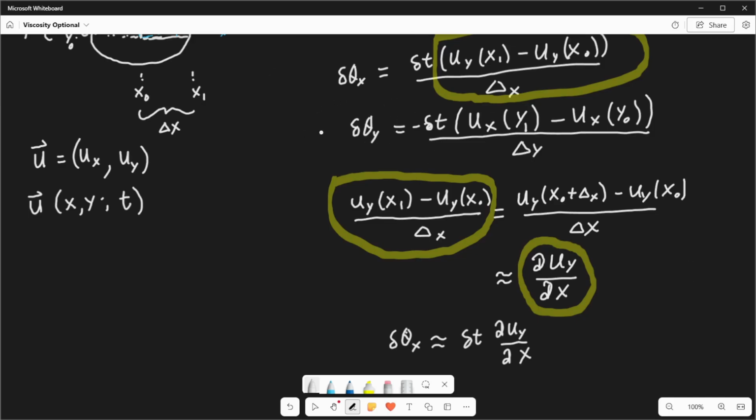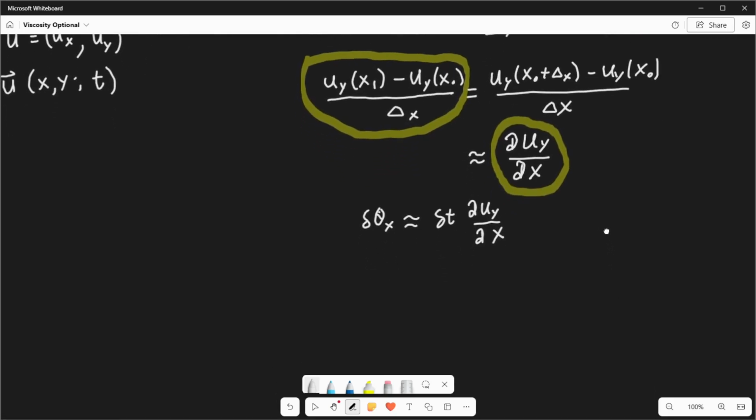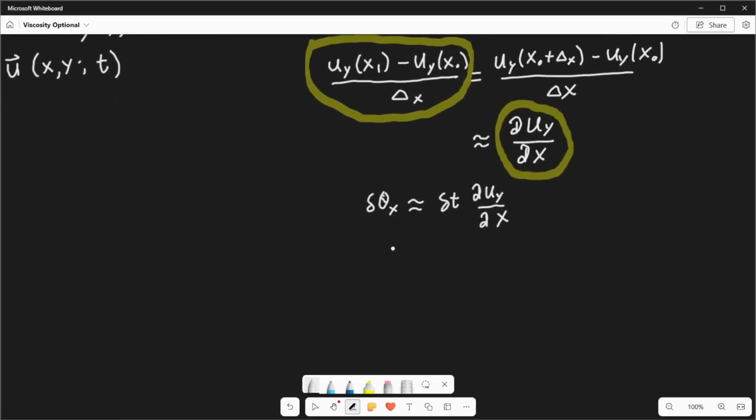And the same thing can be done over on this side for the theta y by taking into account that there's a negative sign in front of it. So now there's this delta theta y, and this goes like negative delta t. And then this time it's d u x d y.